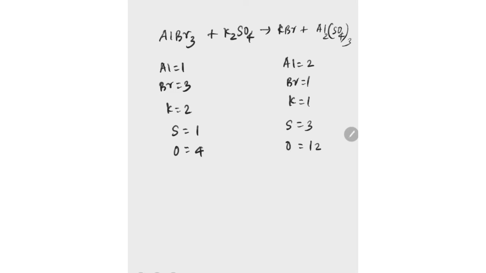So now how are we going to balance it? Here let's focus on this because this is more complicated. 2 aluminum is in the right side, so we need to make this also 2, so multiply by 2. So where you can find aluminum, put there 2. Now aluminum is balanced. So when I balanced aluminum, the bromine has changed here.